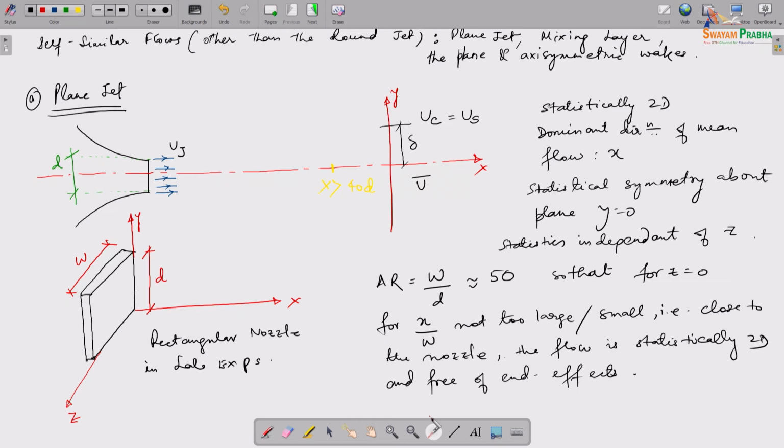Now when it comes out, just look at the picture here. We have this jet velocity. It's a stream of fluid being let out from the nozzle, in parallel lines of flow, and it is flowing into the surroundings. The surroundings are basically quiescent, so there is no velocity there, but there could be.